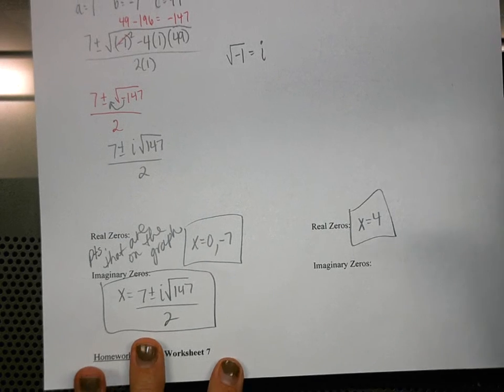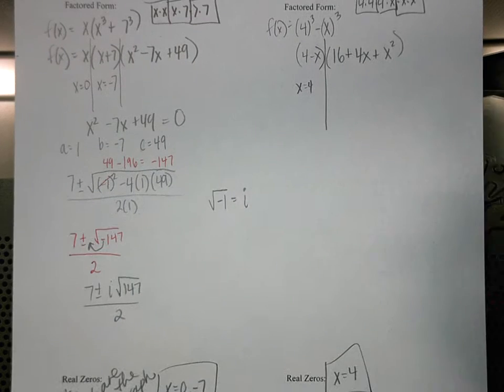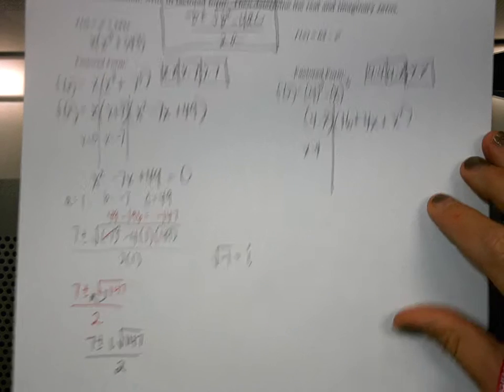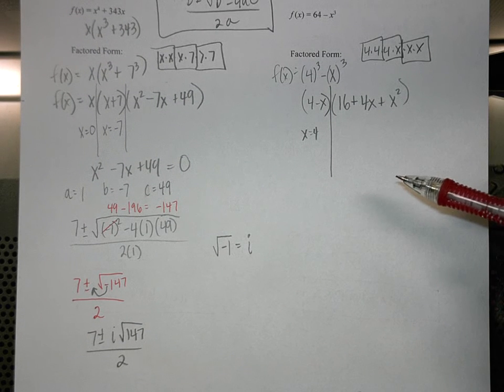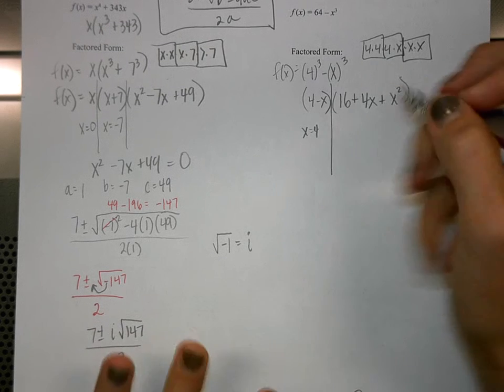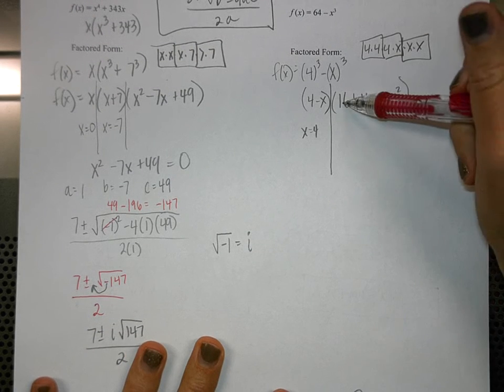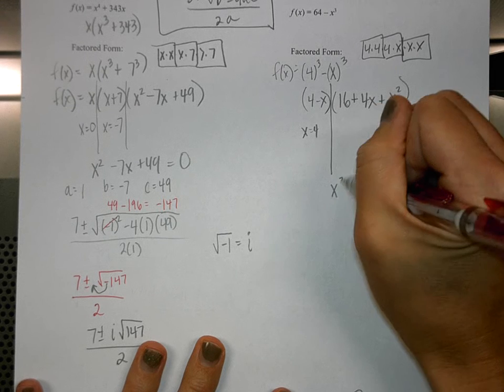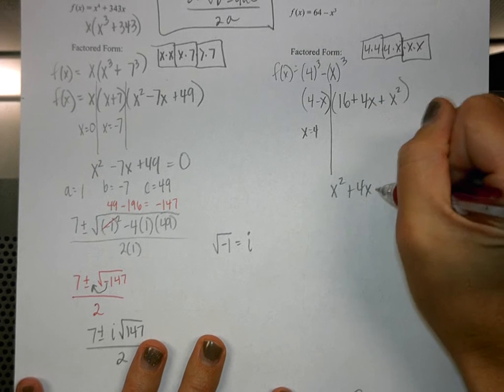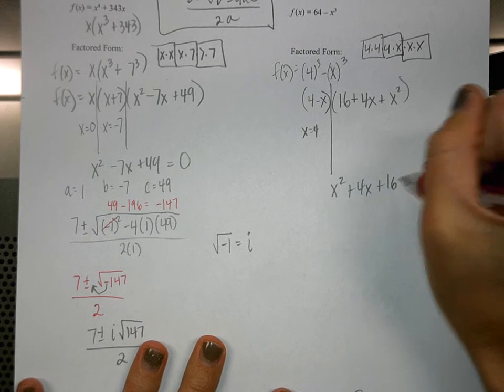So for my imaginary zeros, when you're using the quadratic formula, what order does this need to be in? Descending order. Good. A lot of people, if you don't, you might use this as the A. That would be incorrect. So x squared plus 4x plus 16 equals 0.